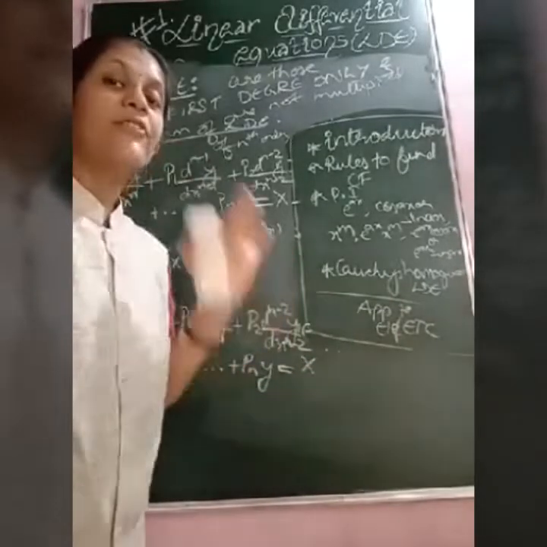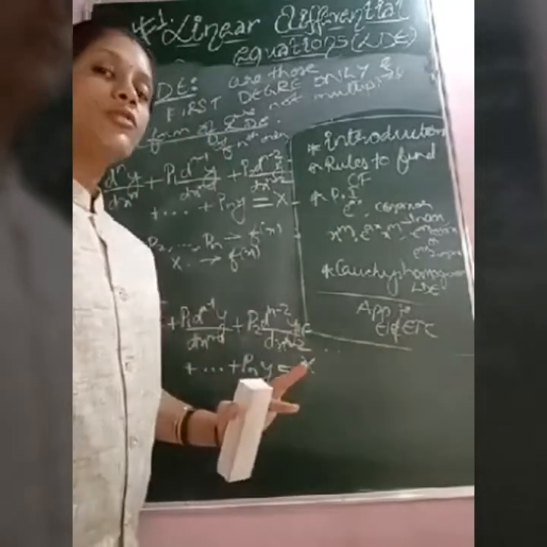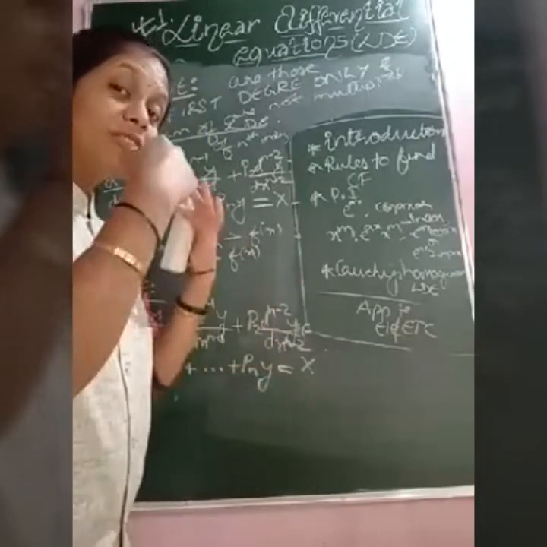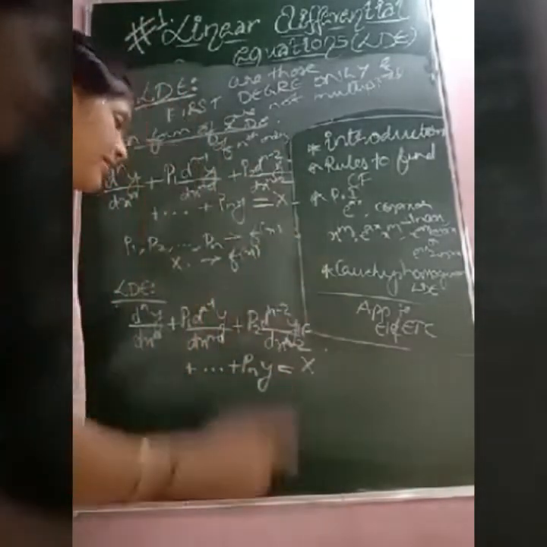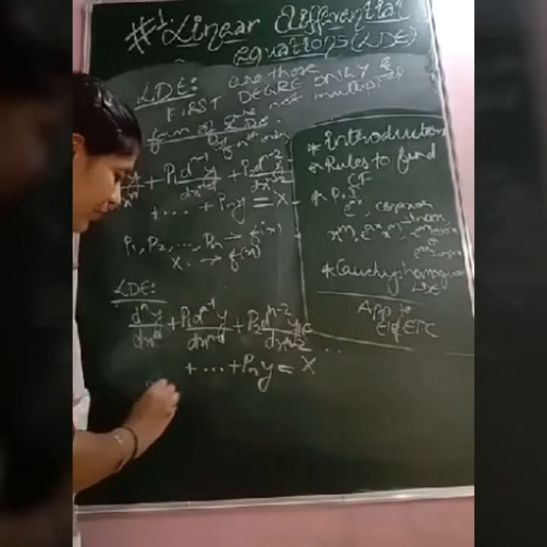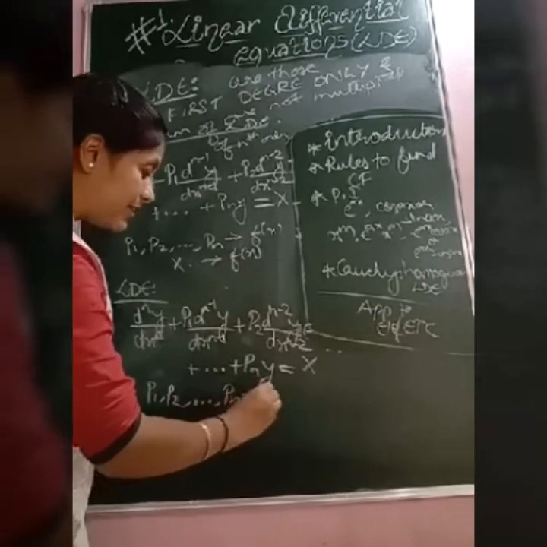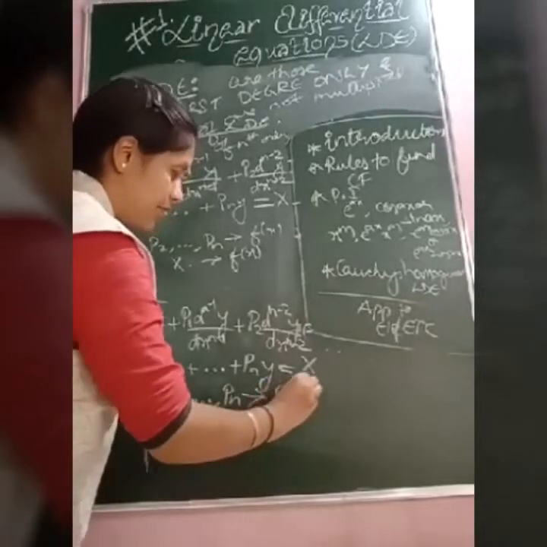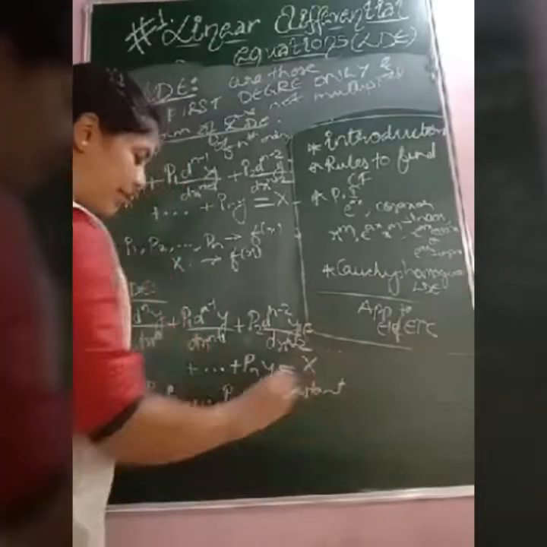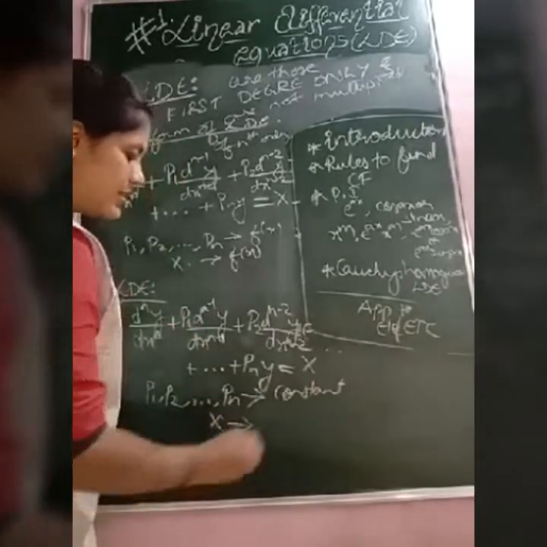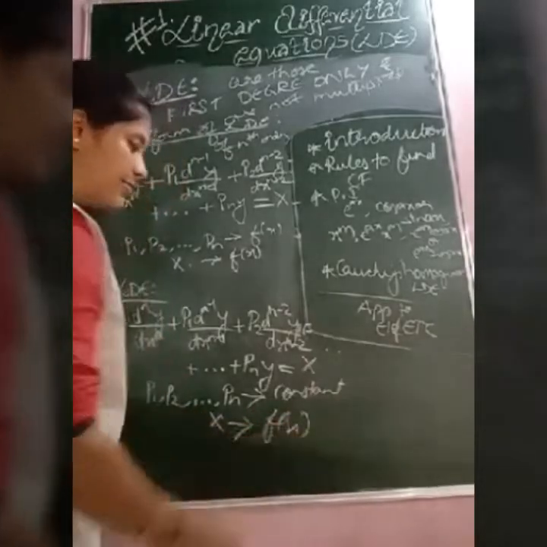So what is the definition of linear differential equation with constant coefficient? In this, p1, p2, and so on up to pn are constants, and capital X is a function of x.